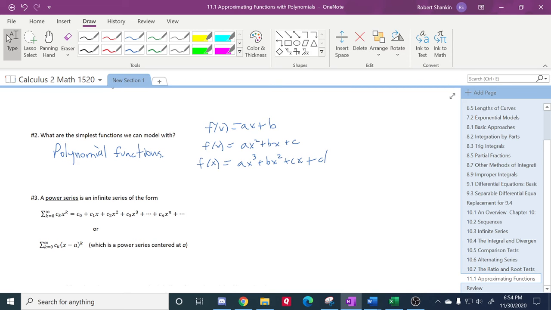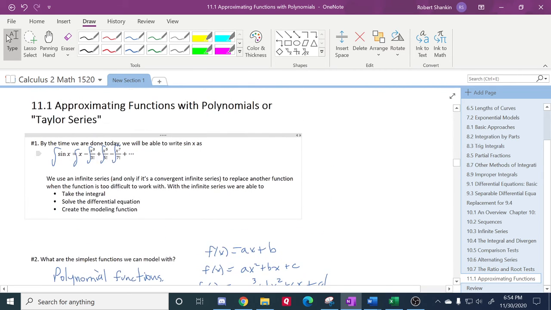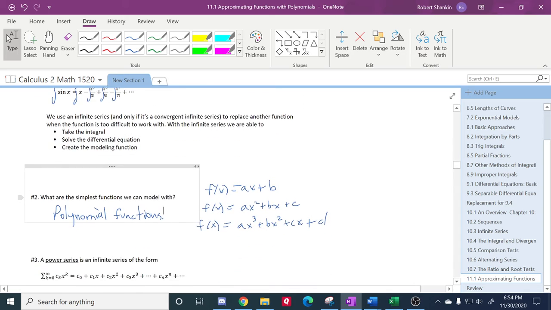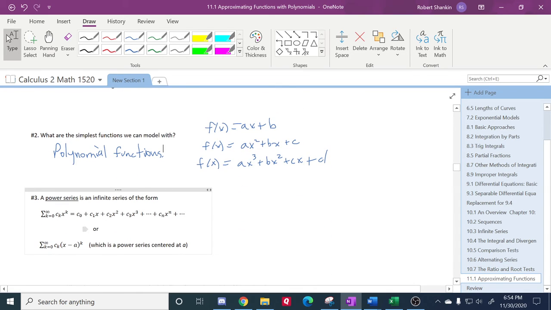Notice when I said that we're going to put sine of x equal to x and all that, that is some form of a power series. A power series has a linear term, a squared term, a cubed term, all the way on up, and it has all these different coefficients. Call them C0, C1, and it's nice to start with 0 so that the index matches the power on the x.